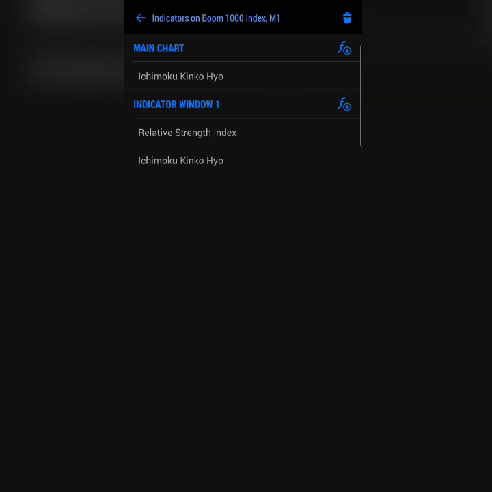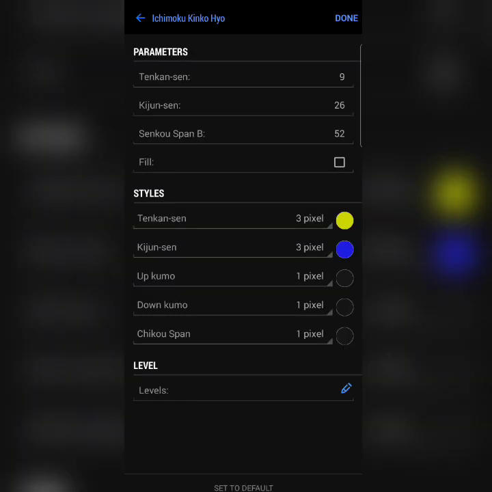Now, for our Ichimoku Kinko Hyo, this is going to be our settings. You can take a screenshot of this if needed. The first one is set to 9, 26, 52. I decided not to fill it. You can fill it if you feel comfortable with that, but I'm not filling it.